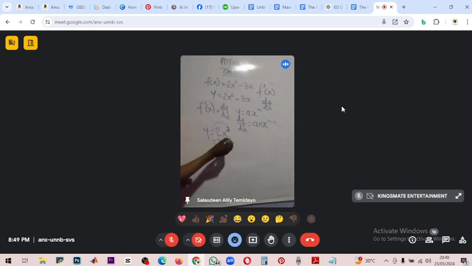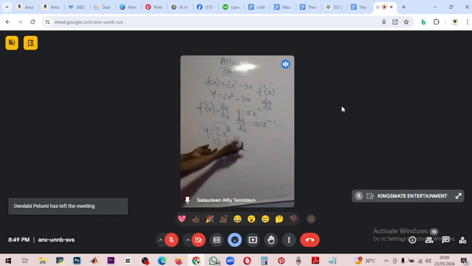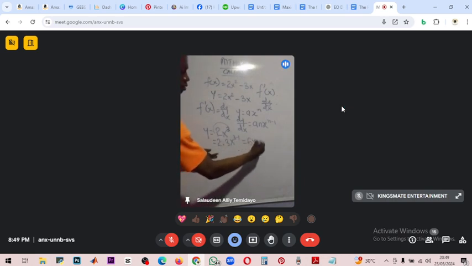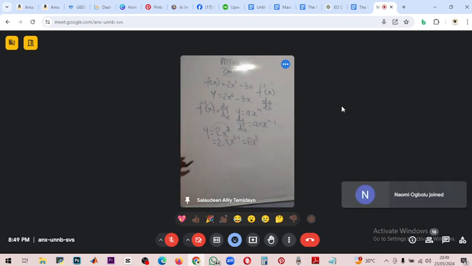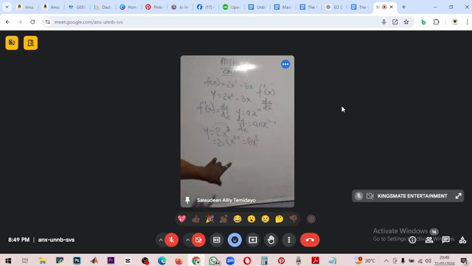So I have 6x raised to power 3 minus 1. The 3, just so I am having 2 times 3 is 6x squared. So I've differentiated y with respect to x. If you have any question, let me know.